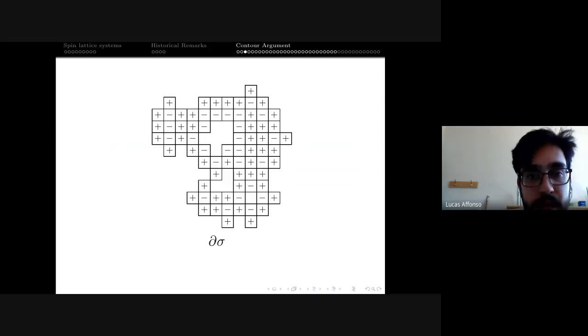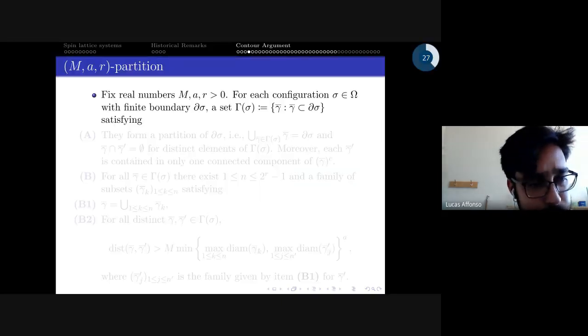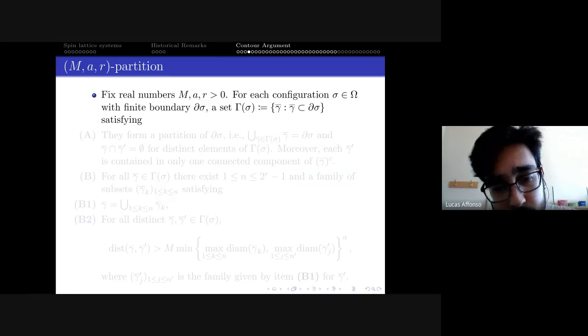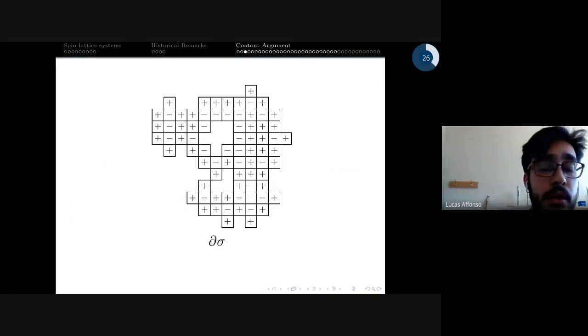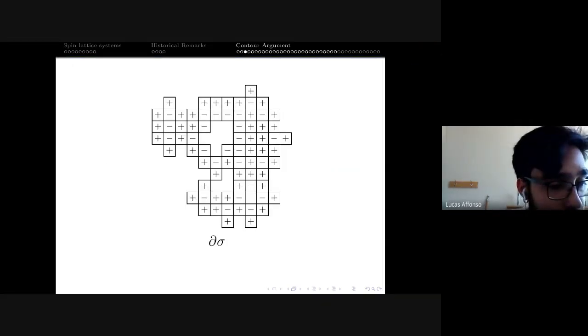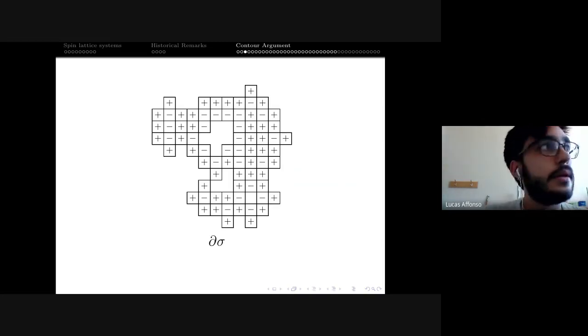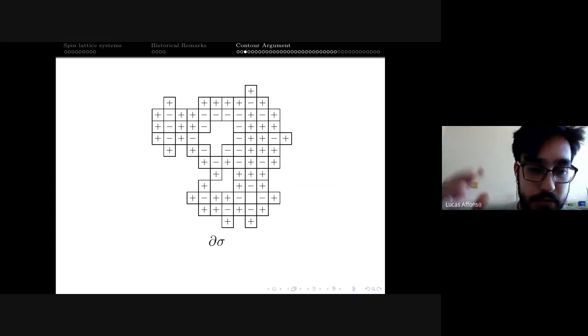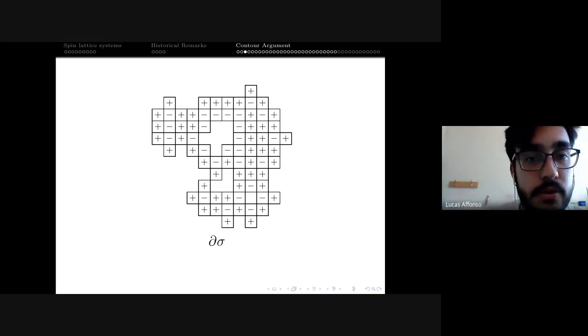And what happens is that once you get the boundary, in order to get the contours in the usual Pirogov-Sinai theory, you only take the connected components of the boundary and say, okay, now these are our contours.